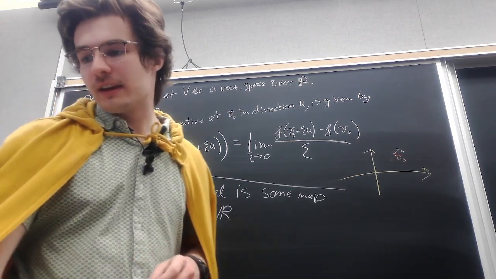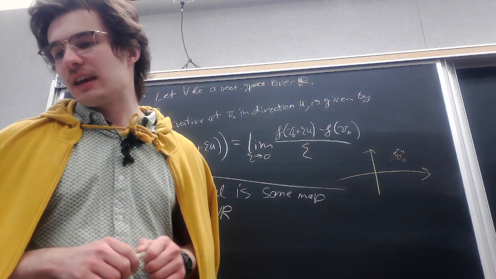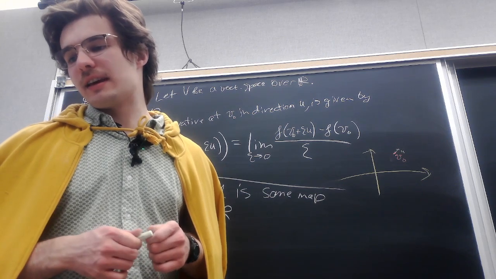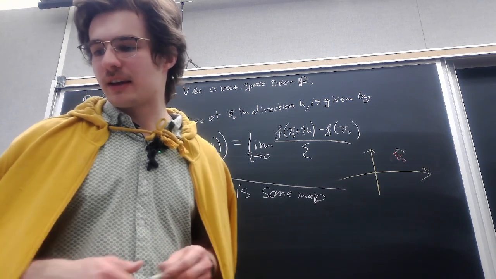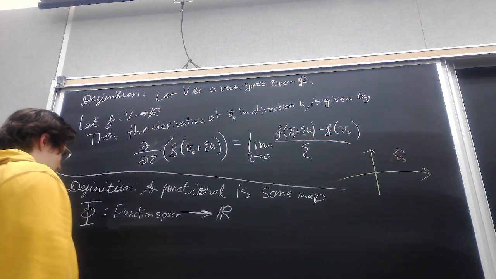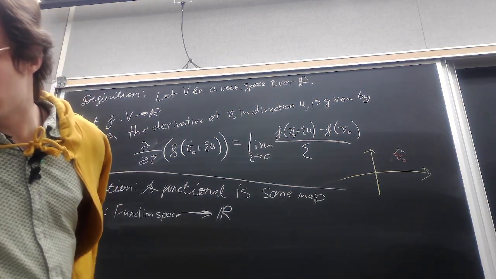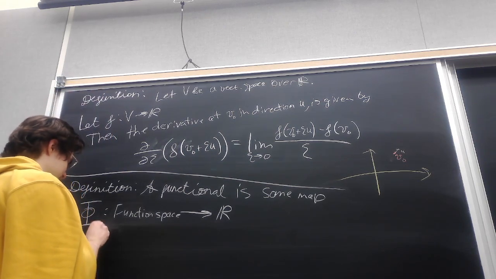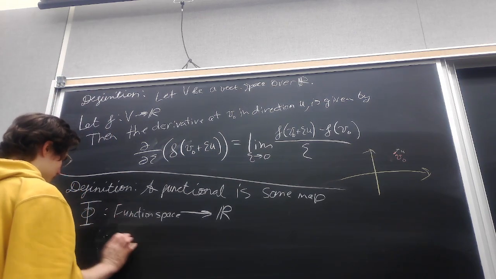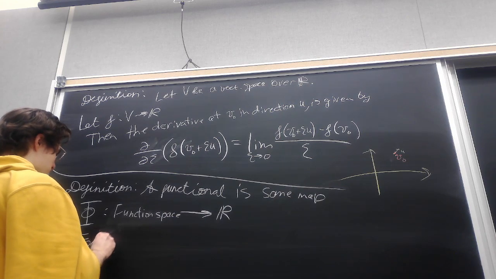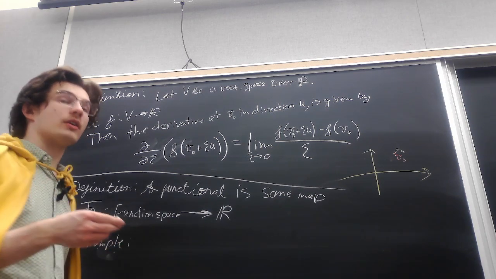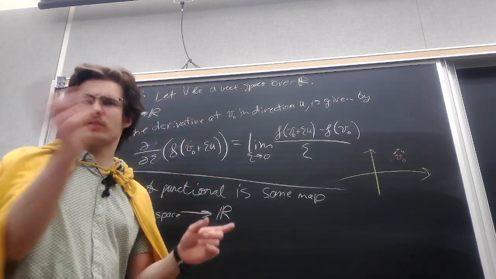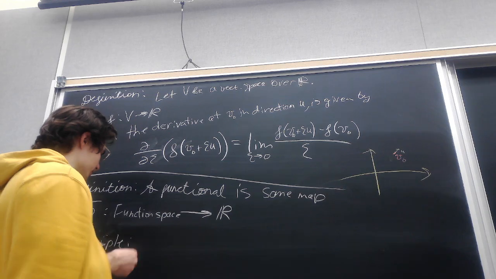The one example that Arnold gives is the length of a curve. Let's write this example down. Suppose you had a curve gamma. A curve is a function from the unit interval into some space, let's say R2.